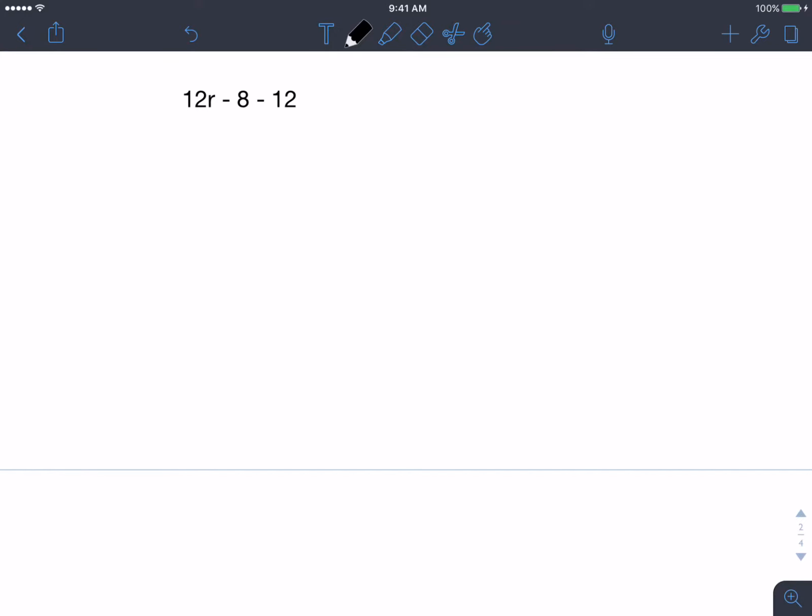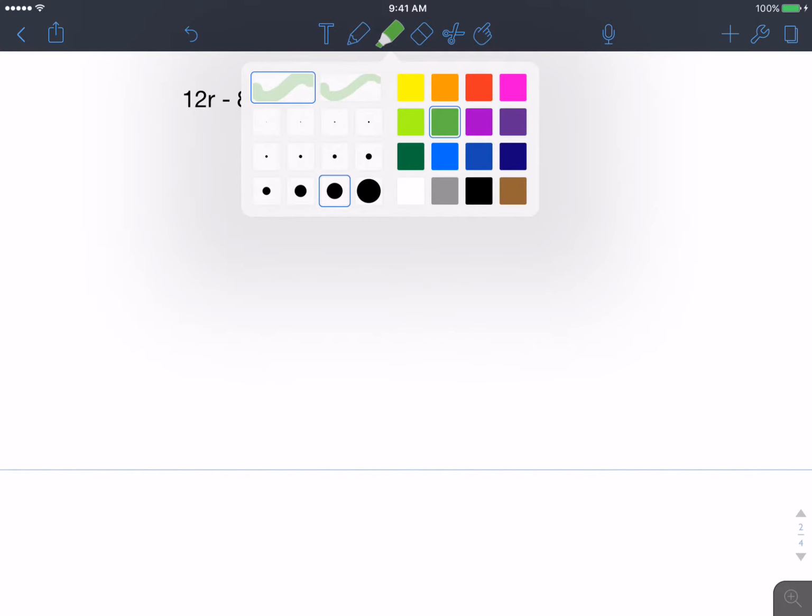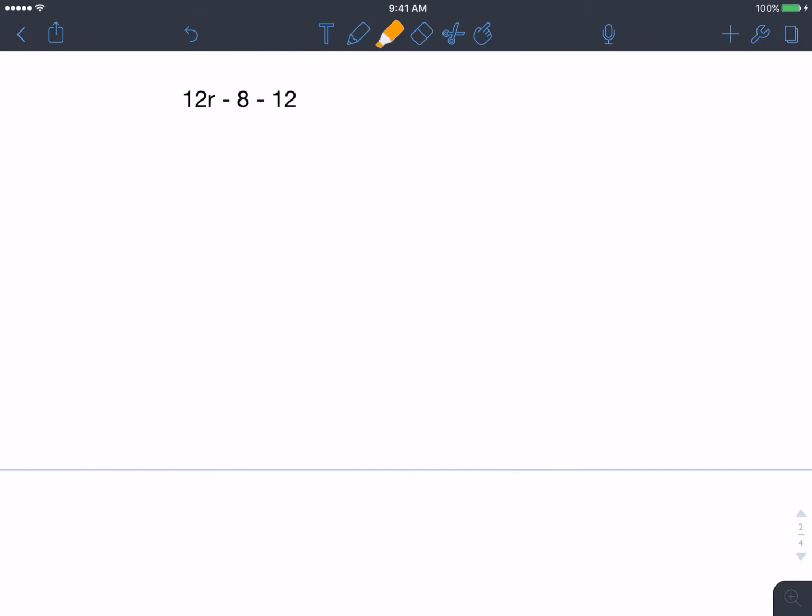On my next example, I want to combine my numbers together. Now notice that I cannot add the 12R in with the numbers.